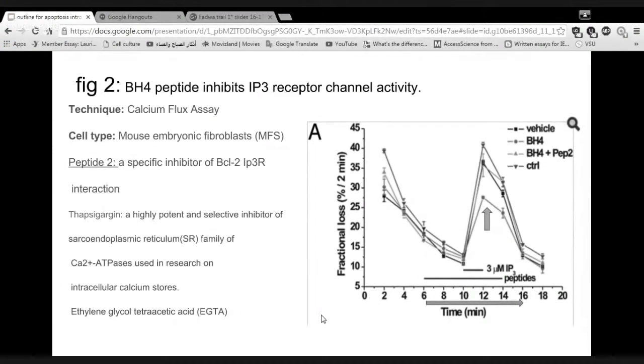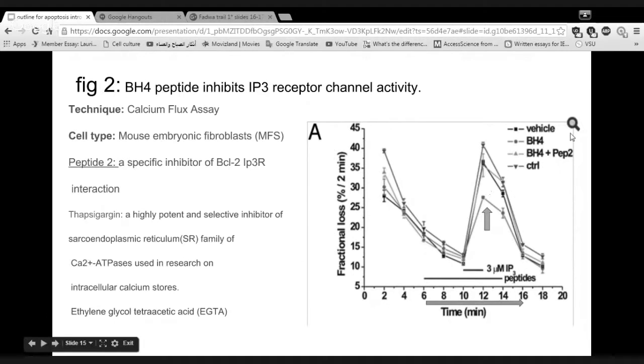To investigate whether the BH4 peptide inhibits IP3 receptor channel activity, a calcium flux assay was the technique in this experiment, and mouse embryonic fibroblast was the cell type.